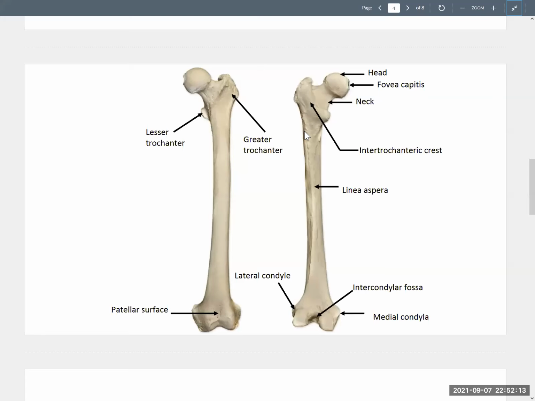On the posterior side of the diaphysis of the femur is this raised portion called the linea aspera. We had the deltoid tuberosity in the humerus, but we have the linea aspera here. This is a point of attachment for all the hamstring muscles.